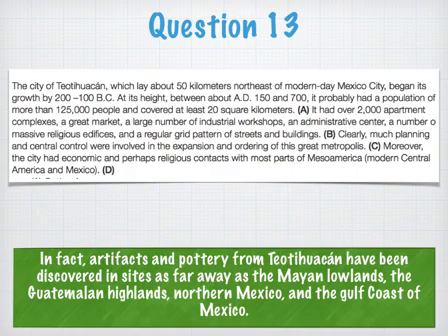So what we need to look at when we're talking about restating information, we have this idea here in the last sentence: Moreover, the city had economic and perhaps religious contacts with most parts of Mesoamerica, modern Central America and Mexico. If we have a look at the sentence that we've been asked to place, we have this idea of artifacts and pottery from Teotihuacan, and then it lists in more detail the parts of Mesoamerica that these artifacts and pottery have been found in: Mayan lowlands, Guatemalan highlands, northern Mexico, and the Gulf Coast of Mexico.